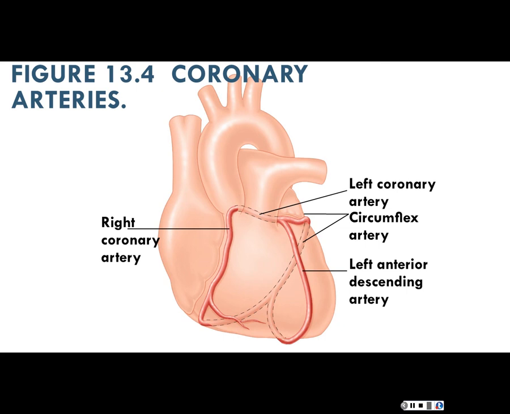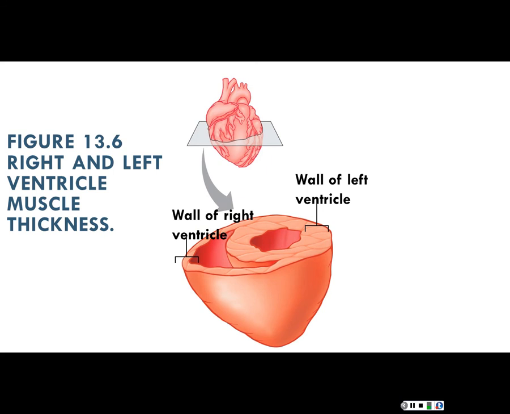So back on task, back to the heart. You guys identified properly, figure 13.6, about the difference in anatomy of the left ventricle and the right ventricle. You guys properly identified that the left ventricle has much more muscle mass compared to the right, because it has to propel the same stroke volume throughout the entire body circuit.